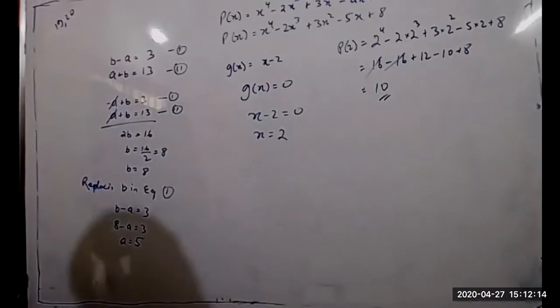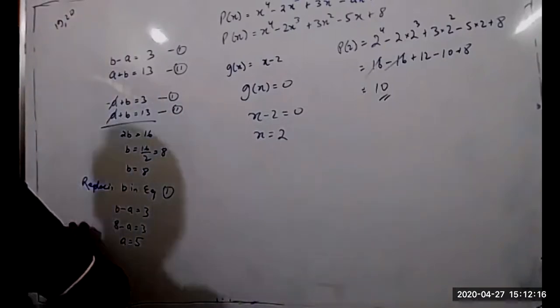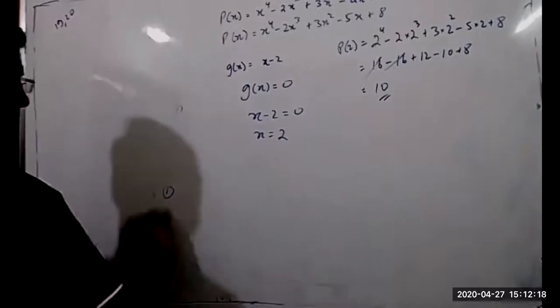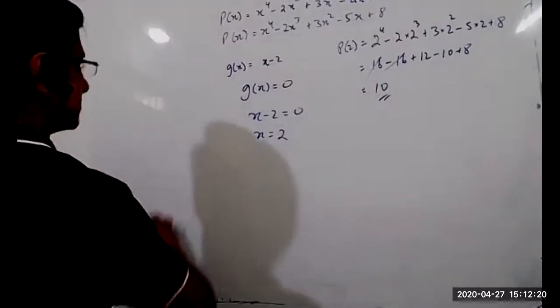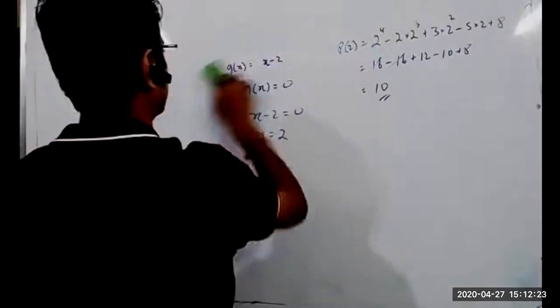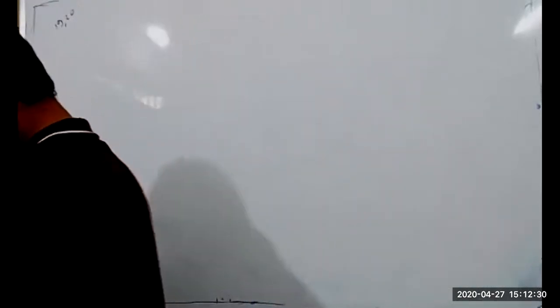So the question says, hope you all have written this. Nineteenth question. If x cube plus ax square plus bx plus 6 has x minus 2 as a factor and leaves the remainder 3 when divided by x minus 3, find the value of a and b.